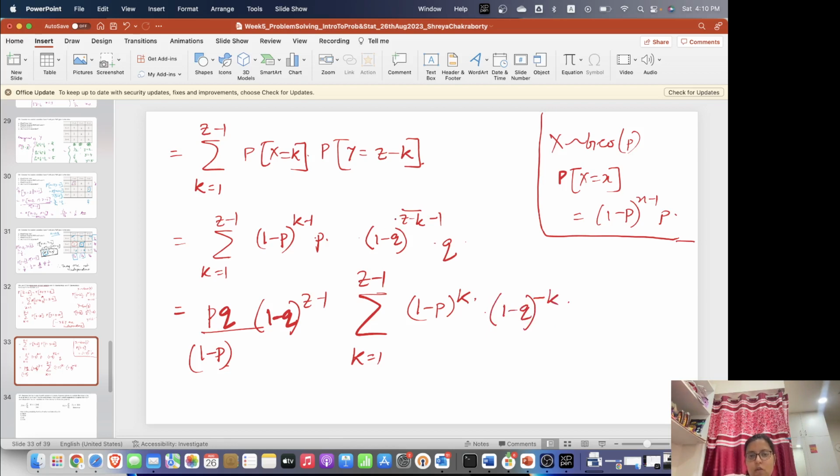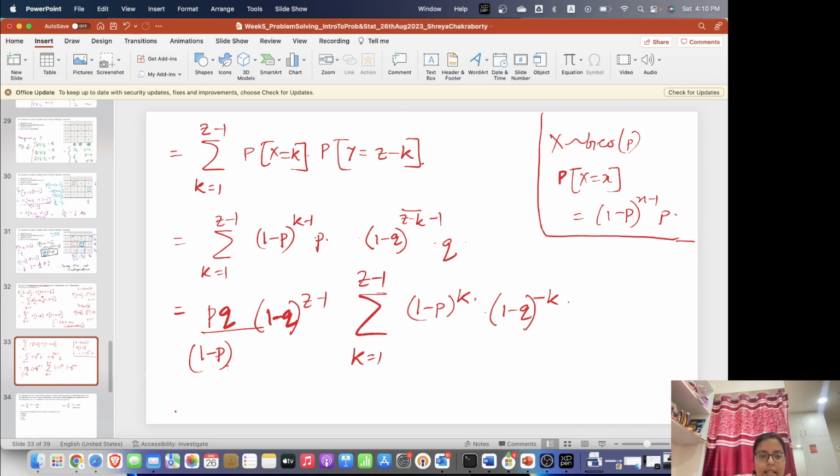Is it okay? So whatever is not dependent on k, we are taking it out. So this will be 1 minus p to the power minus 1, that we have taken out, and 1 minus q to the power z minus 1 also we have taken out, and pq also we have taken out. So whatever remains, this term is dependent on k.